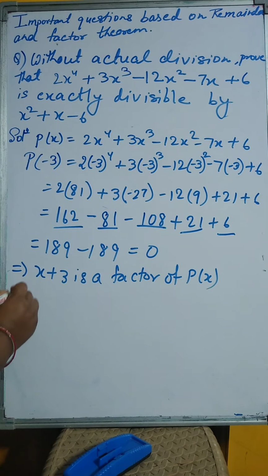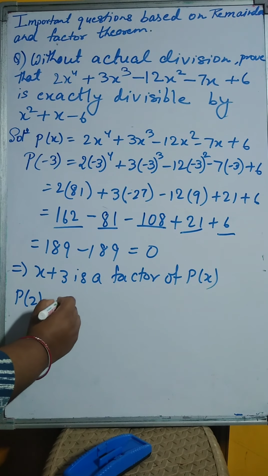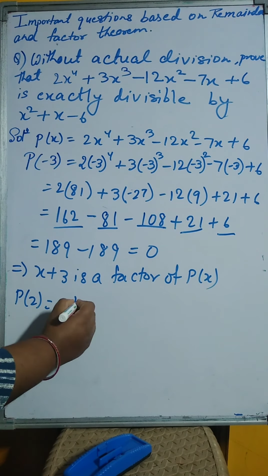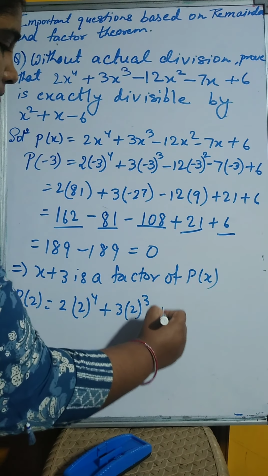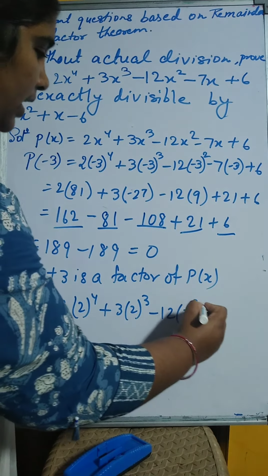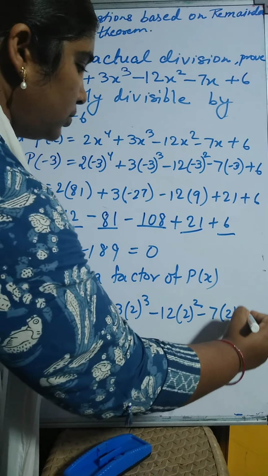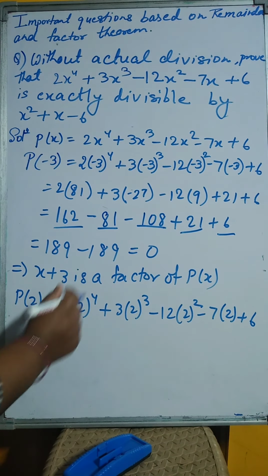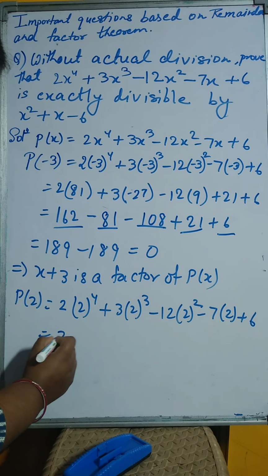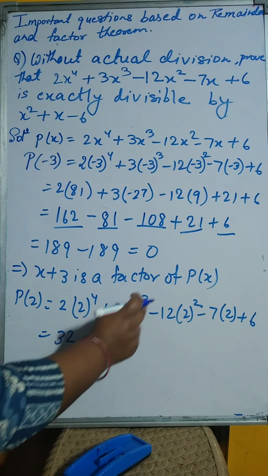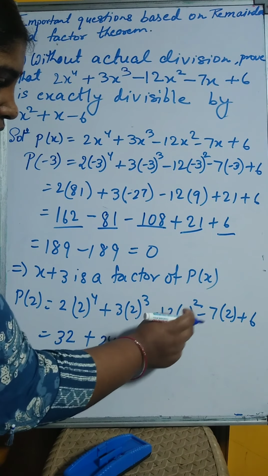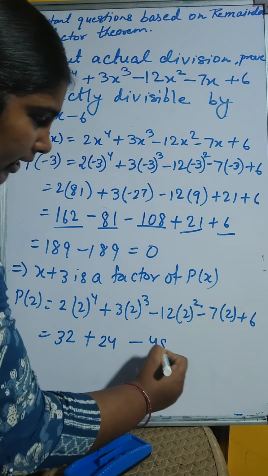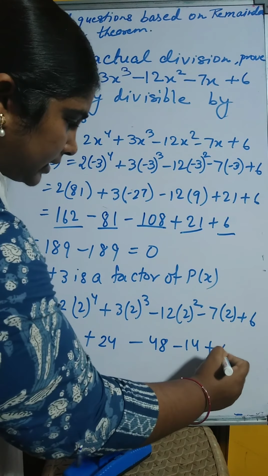Similarly, let us calculate p(2). For that, 2(2)^4 + 3(2)^3 - 12(2)^2 - 7(2) + 6. 2 to the power 4 is 16, 16 multiplied by 2 is 32, plus 2 cube is 8, 8 multiplied by 3 is 24, minus 2 square is 4, 4 multiplied by 12 is 48, minus 14 plus 6.